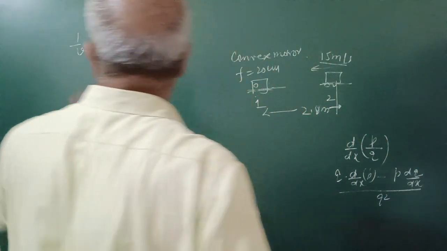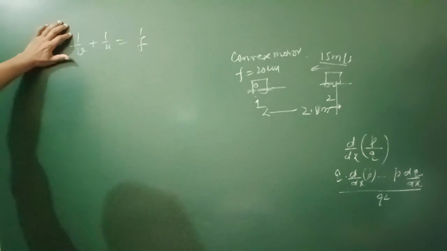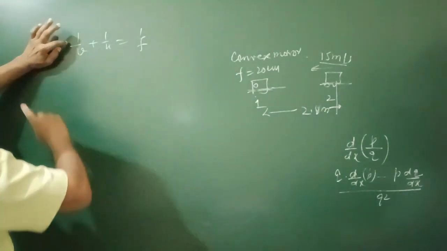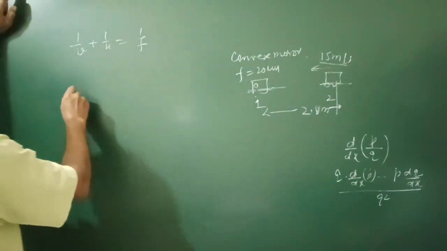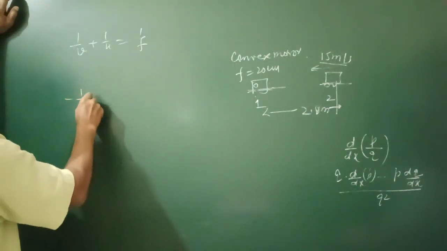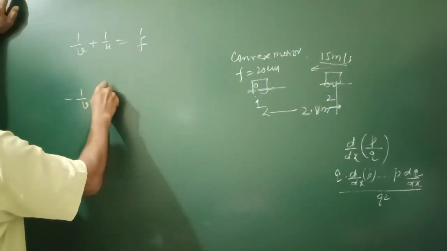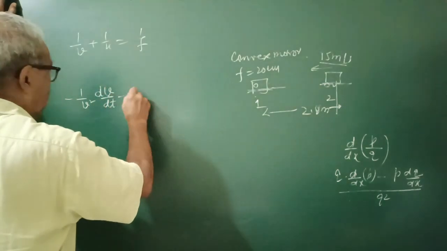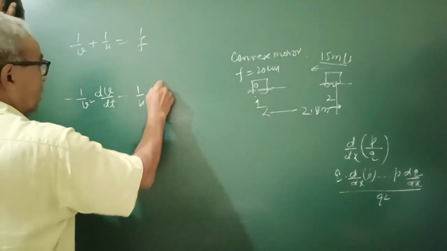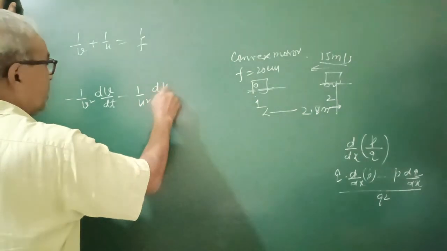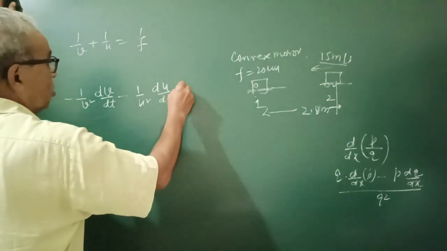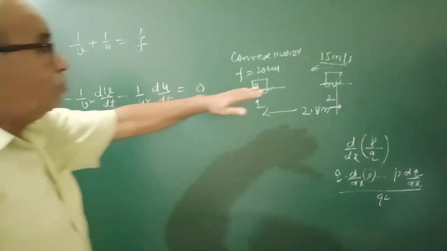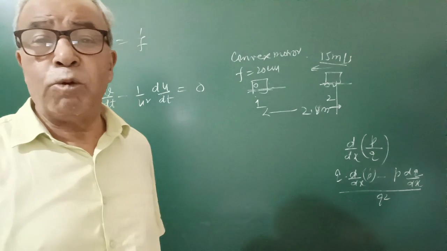In this formula here, p is 1, which is a constant quantity, so the first term is 0. Minus d upon dt of 1 upon v gives minus 1 upon v square dv over dt, minus 1 upon u square du over dt is equal to 0, because focal length is constant. Only image position and object position are changing.